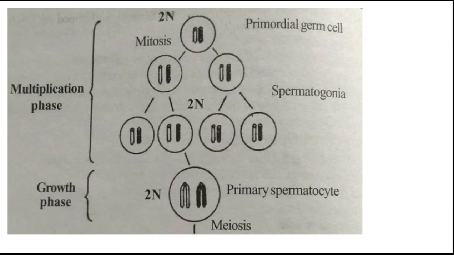After the mitotic division, the resulting cells are called spermatogonia, or sperm mother cells.